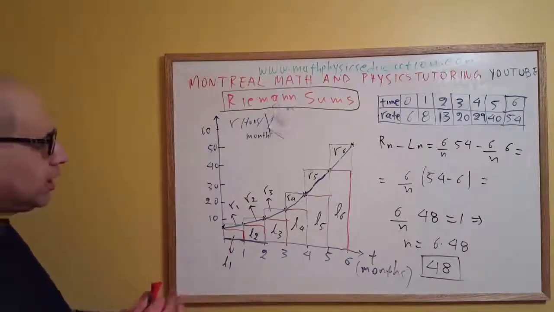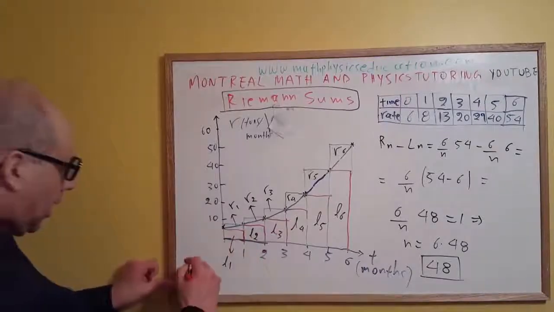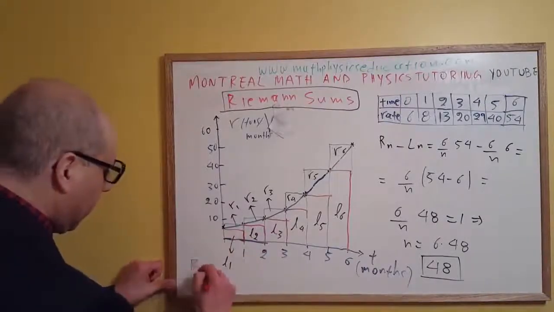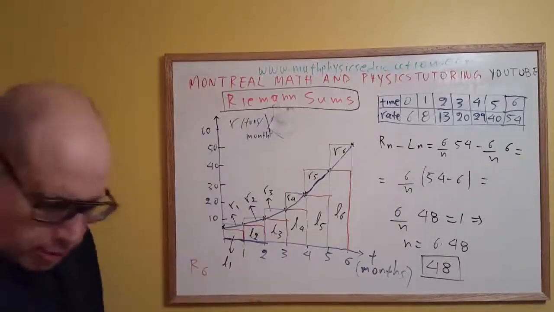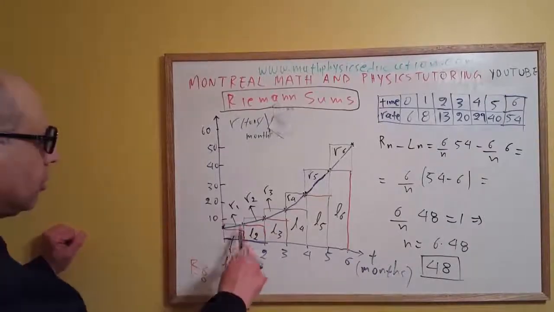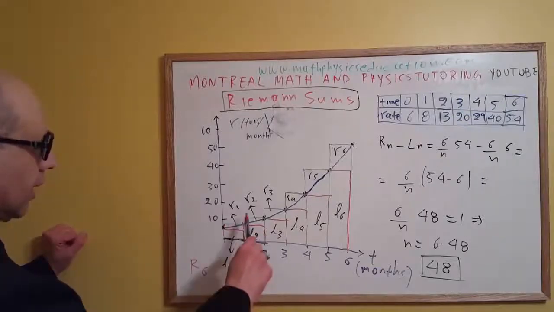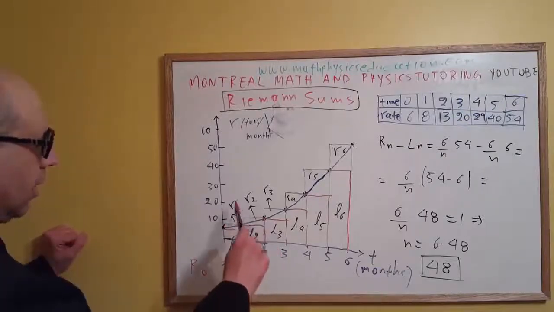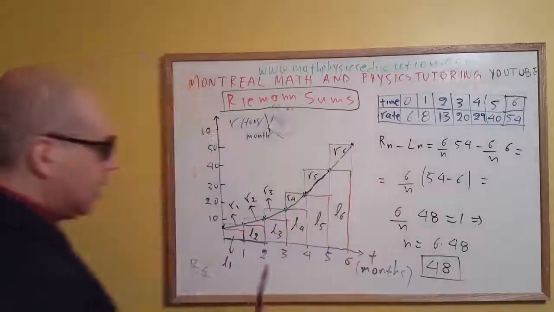So if you take R6, that will include all these green rectangles: R1, R2, R3, R4, R5, R6.